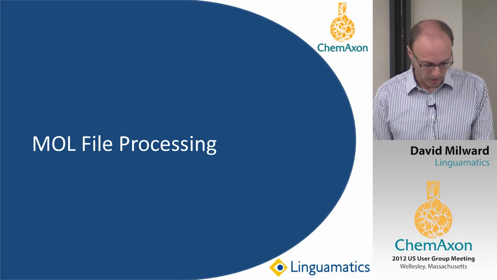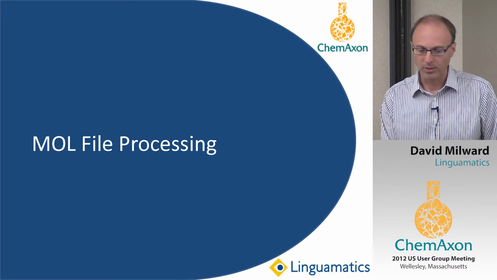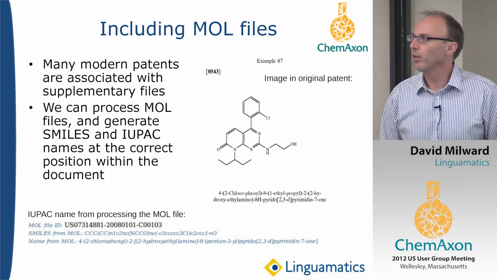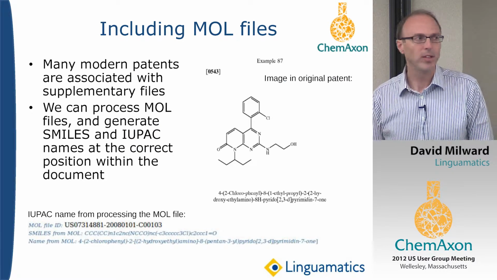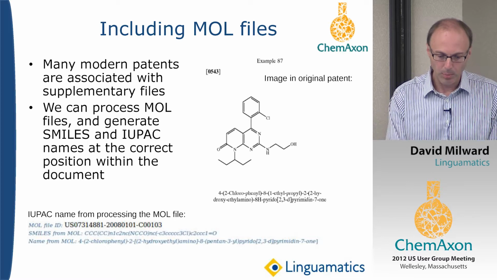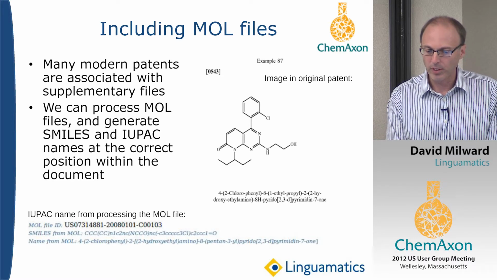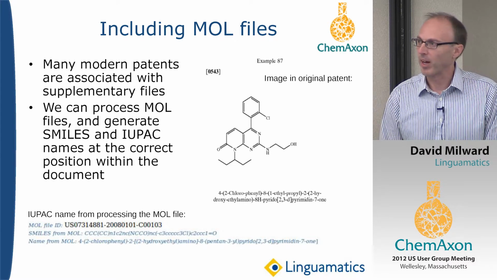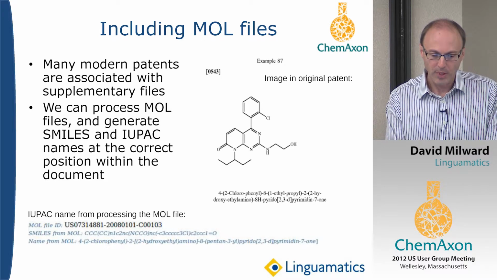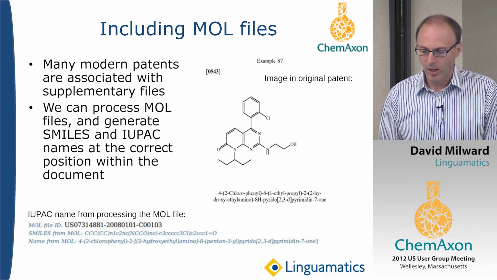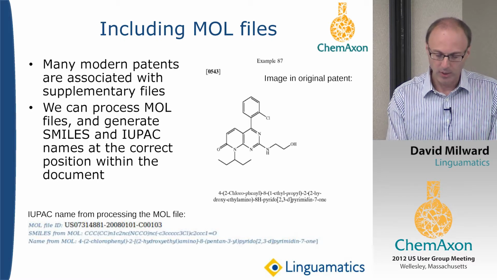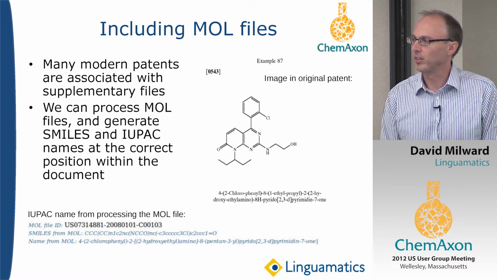Okay, so I'll talk briefly about MOL file processing. A lot of the modern patents are associated with supplementary files. And so we're processing those, generating the SMILES and our IUPAC names using the ChemAxon components. And that means that we can actually link to the particular position within the document where the MOL file was mentioned.